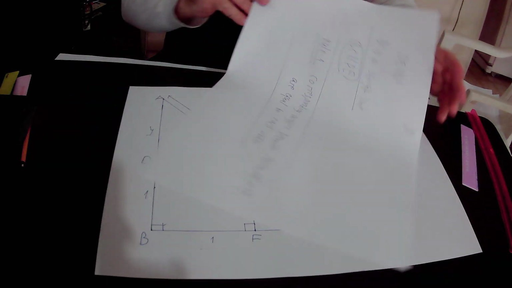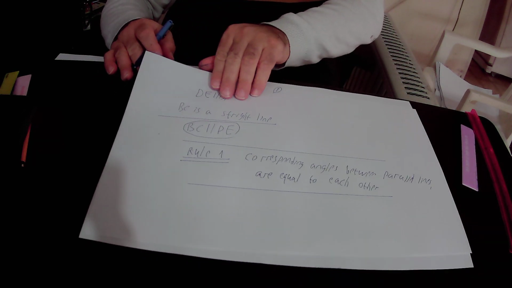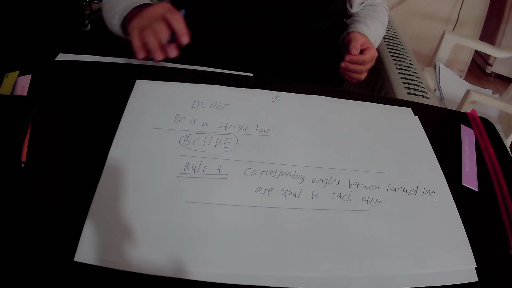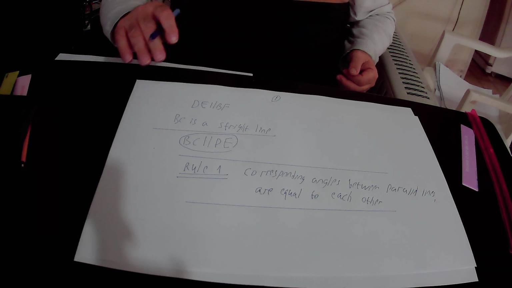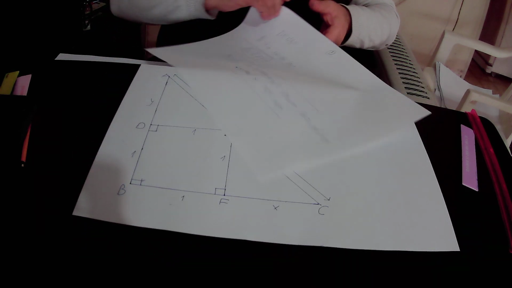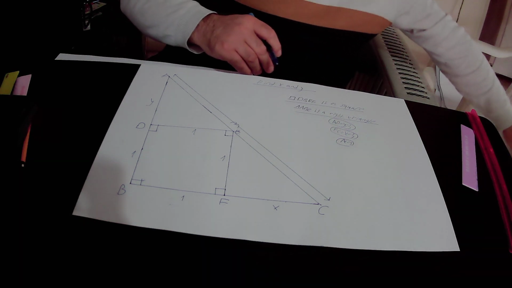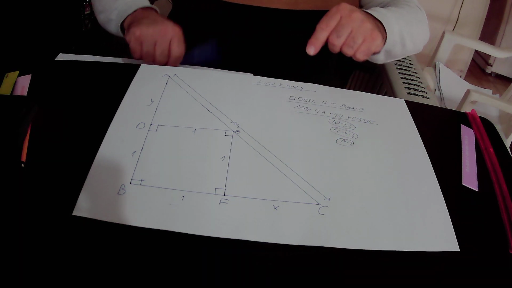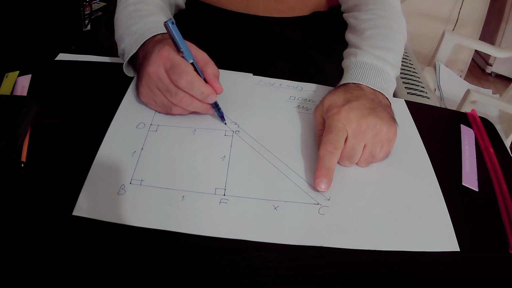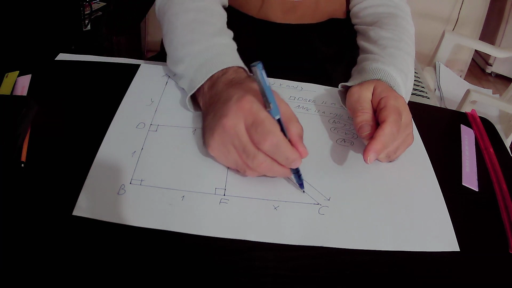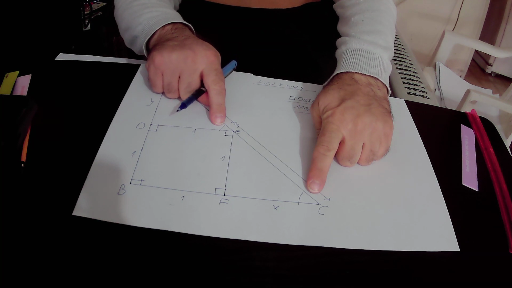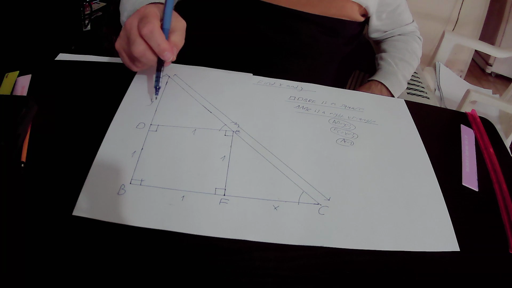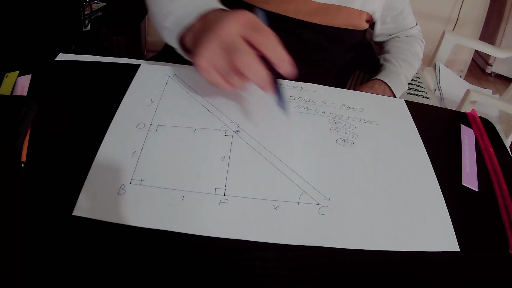So I will read rule number 1 again. According to rule number 1, corresponding angles between parallel lines are equal to each other. So actually, those two angles are defined as corresponding angles, and they are located between the parallel lines DE and BC.